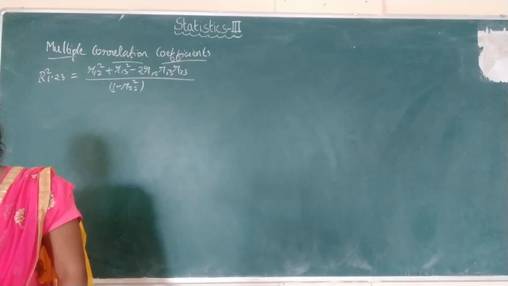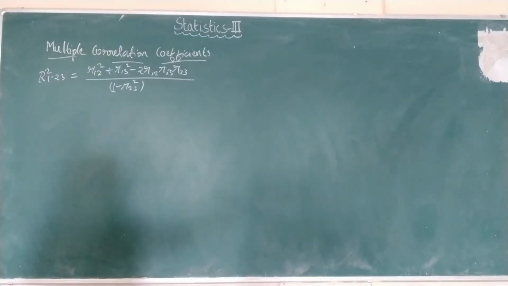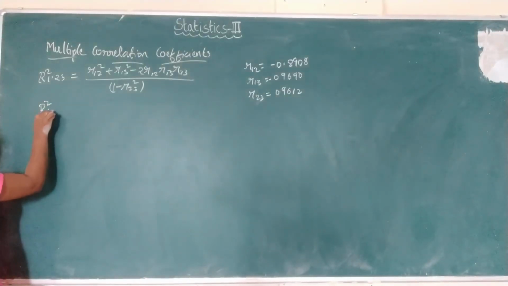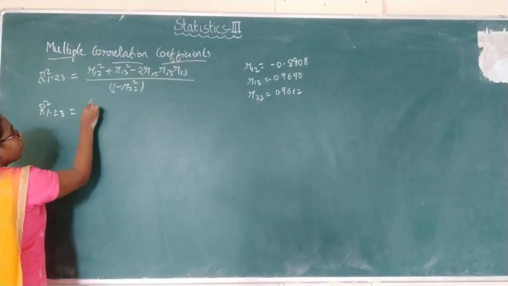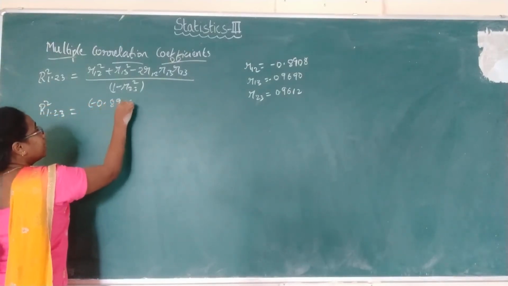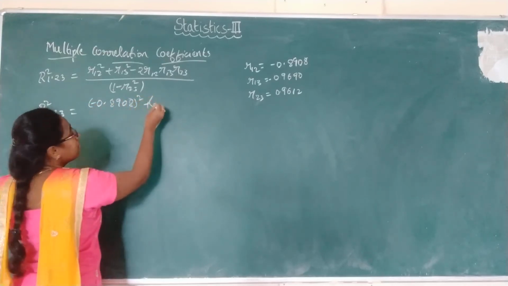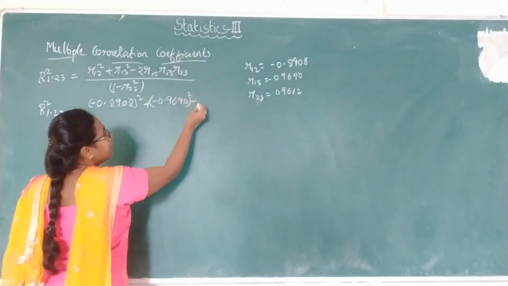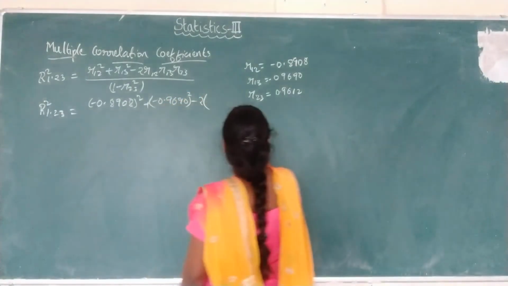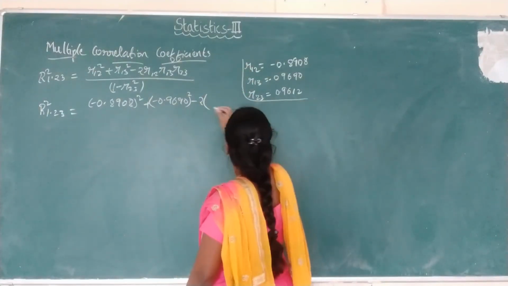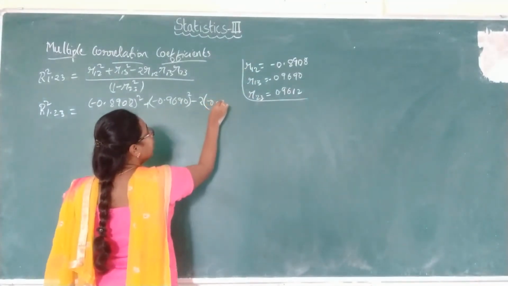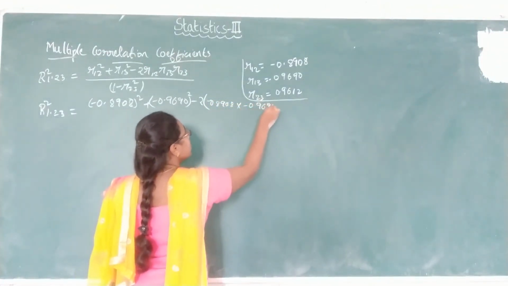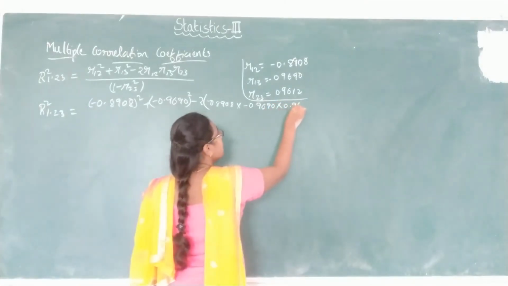Next, we substitute the R12, R13 and R23 values. R square 1.23 equals R12 is minus 0.8908 square plus R13 is minus 0.9690 square minus 2 into R12 value minus 0.8908 into R13 minus 0.9690 into R23 is 0.9612.